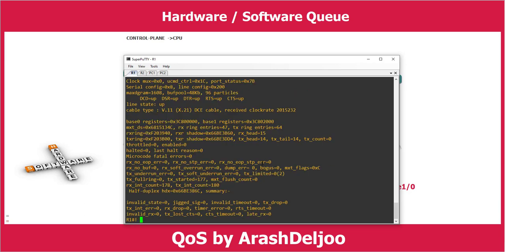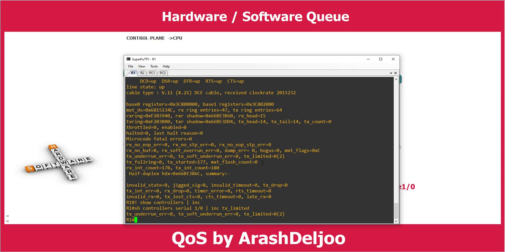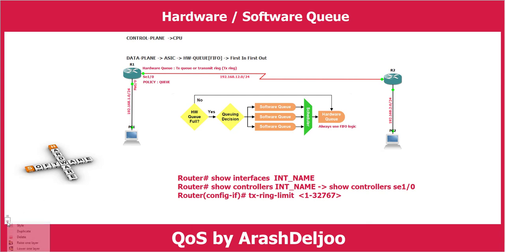If you want, you can use show controllers, and then you can use an output modifier, include. For example, show controllers serial 10, then include TX limited. After that you will easily see that the TX limited has this value. Let me explain the TX limited here. It is so easy.